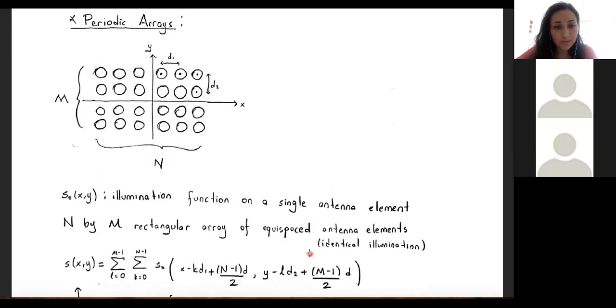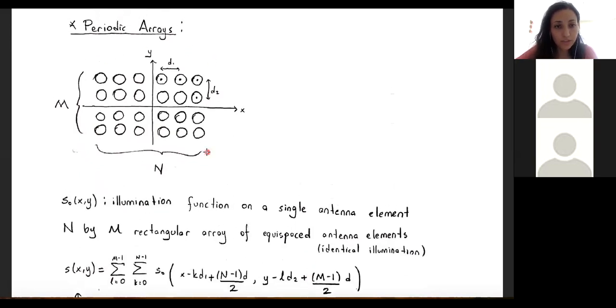Let's start with that. First, we need to write the illumination function for the overall aperture. Okay, so what is my general aperture function, or the illumination function? We call that S(x,y). In terms of S0, we have repeated S0s. Okay, so we can write this in this form. This form should look familiar to you from the first weeks in this course.